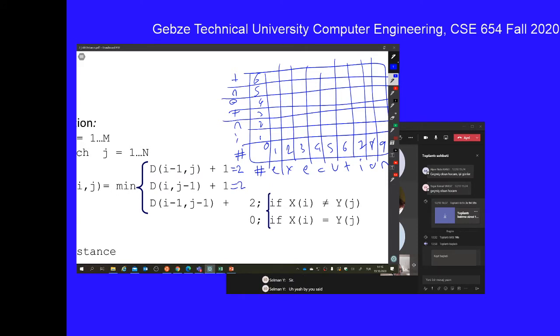You said number 2 means converting a null character to X. So by that you mean D0 to D0 to index at the table is the cost of changing a null to an X, right?